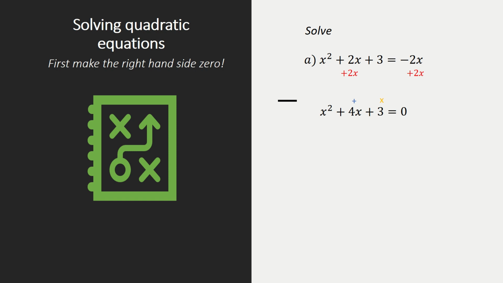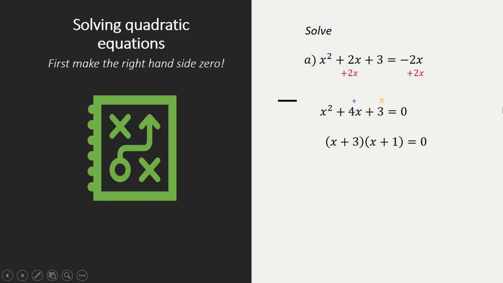So I need to come up with two numbers that when I add them, the answer is 4, and when I multiply them, the answer is 3. So I will get x plus 3 times x plus 1 equals 0. Because 3 plus 1 equals 4 and 3 times 1 equals 3.